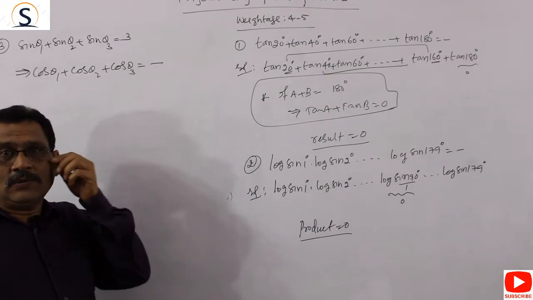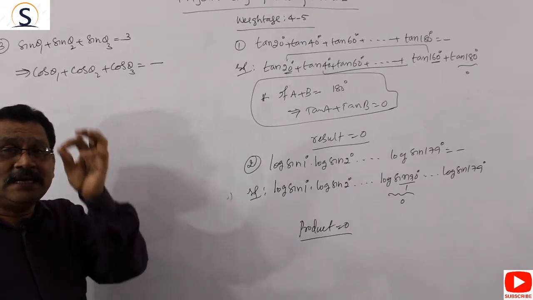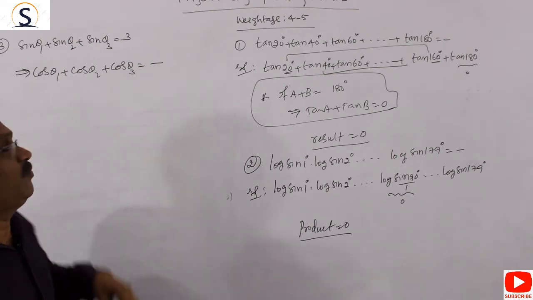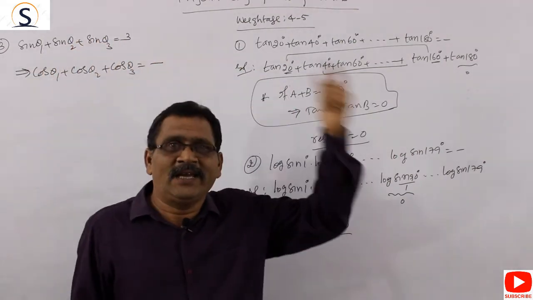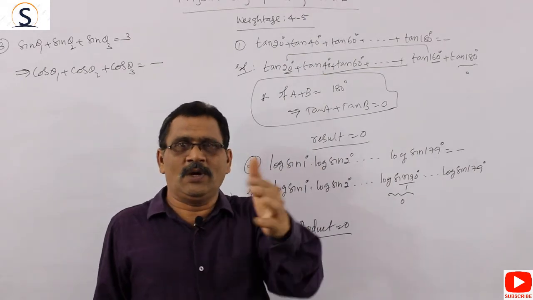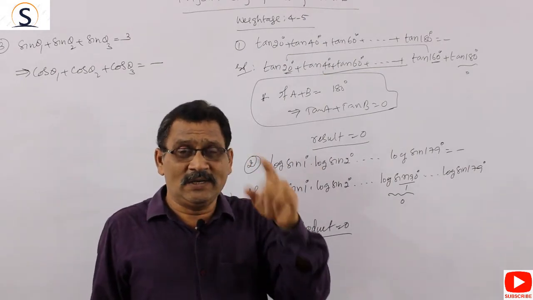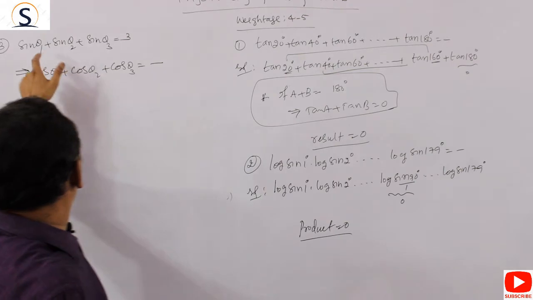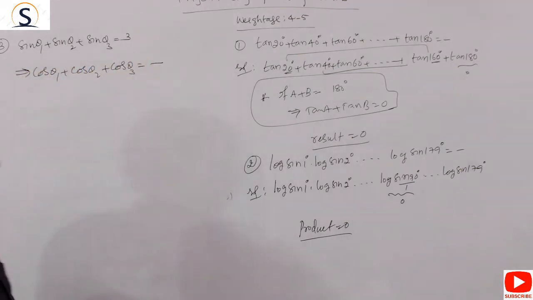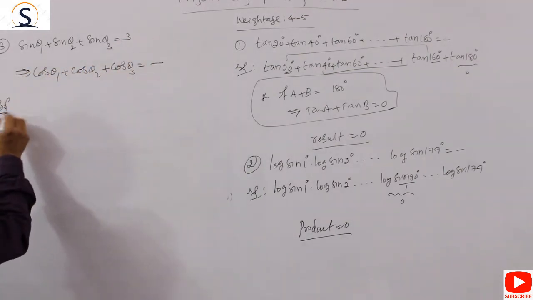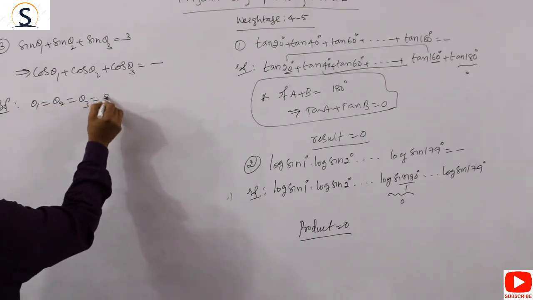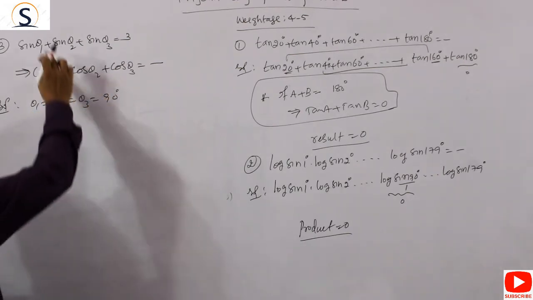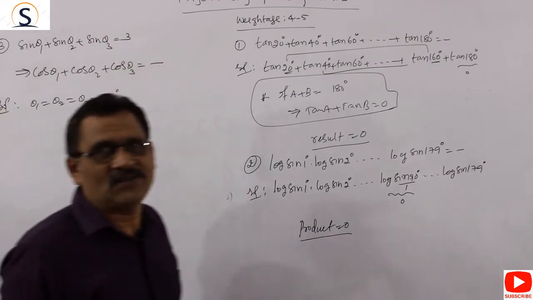Now, sine value is equal to 1 for theta is equal to 90 degrees. That means theta 1, theta 2, theta 3, the 3 angles are the same, equal to 90 degrees. Then only the possible sum of these 3 terms is equal to 3. That means theta 1 is equal to theta 2 is equal to theta 3 is 90. Then the first given statement is satisfied.